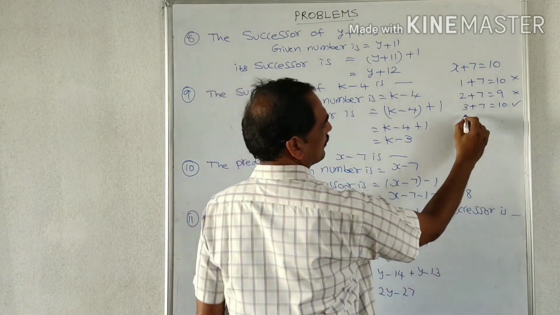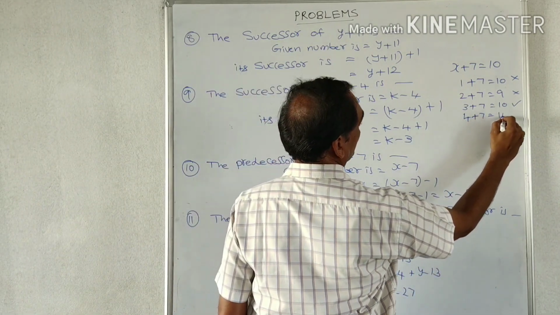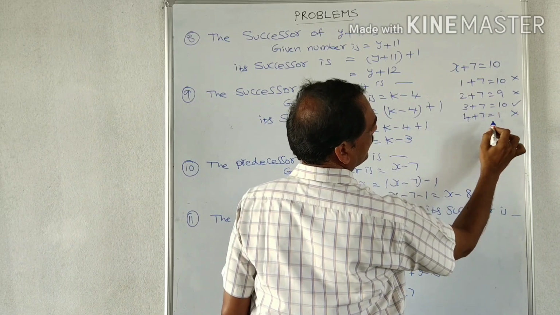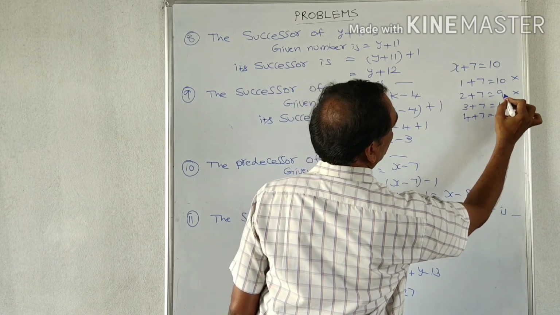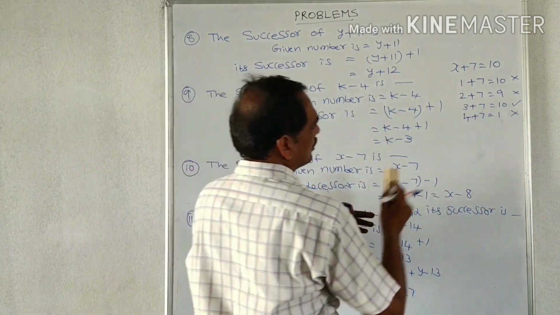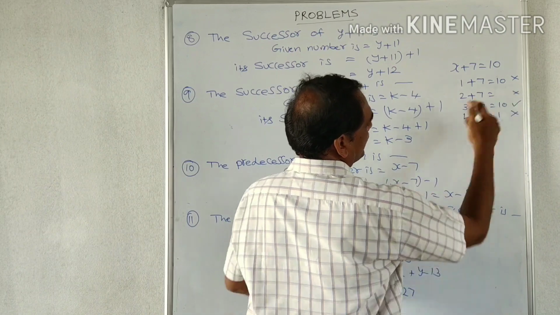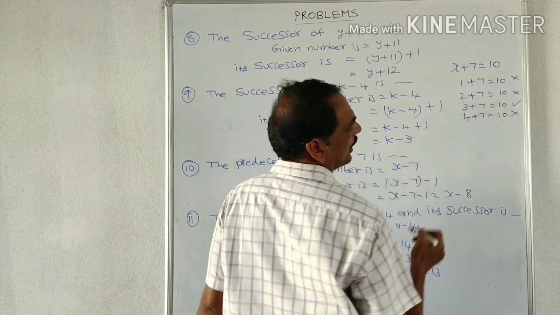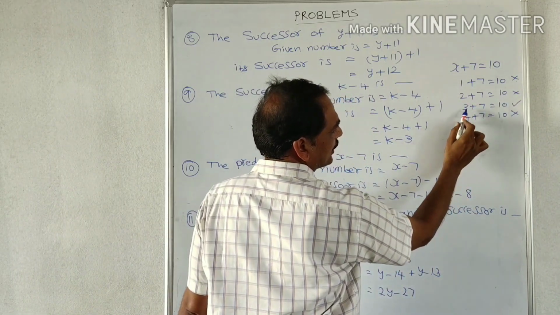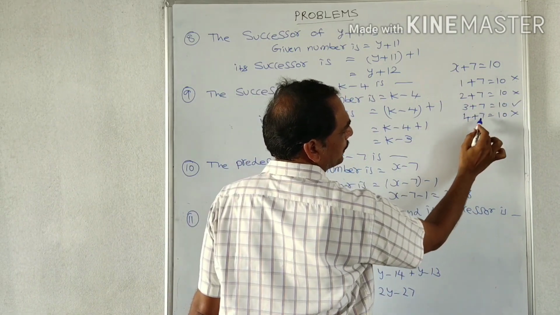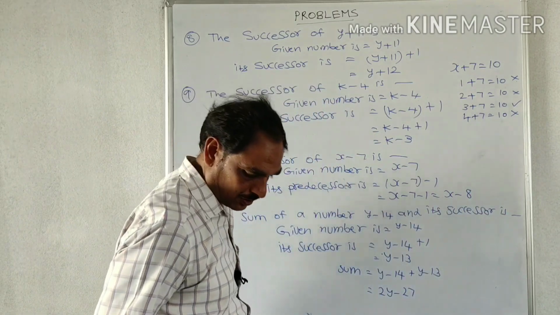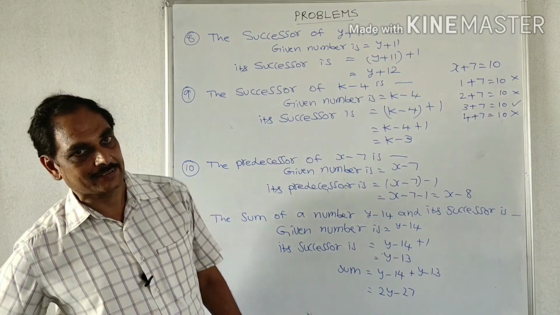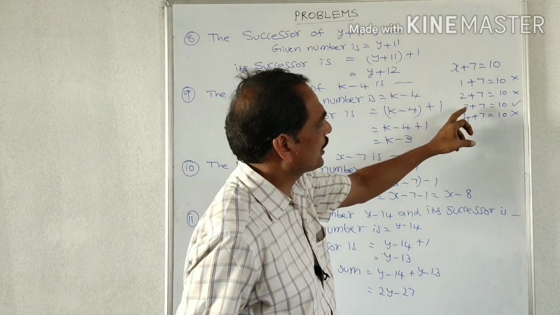3 plus 7 is 10, and 10 equals 10. 4 plus 7 equal to 10 is also wrong. So 1 plus 7 equal to 10 is wrong, 2 plus 7 is also wrong, 3 plus 7 equal to 10 is right, and 4 plus 7 equal to 10 is also wrong. So in this case we take 4 values in the place of x: 1, 2, 3, 4.